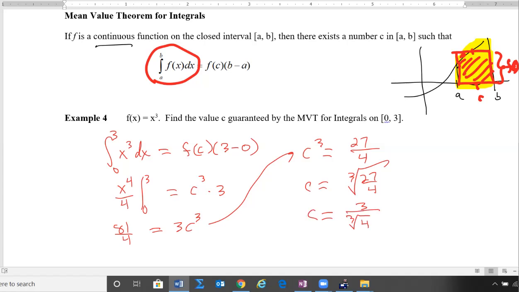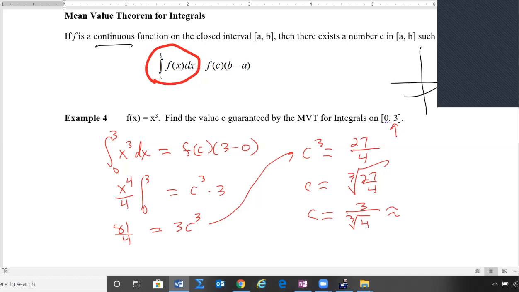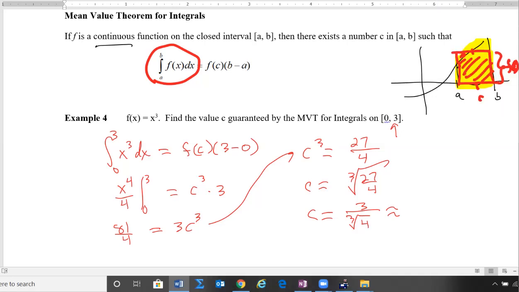And, well, that's approximately, we expect it to be between 0 and 3. Let's see what we get. That's about a 1.9 in there. So it is on that interval. That's what we want to verify, that it was there.